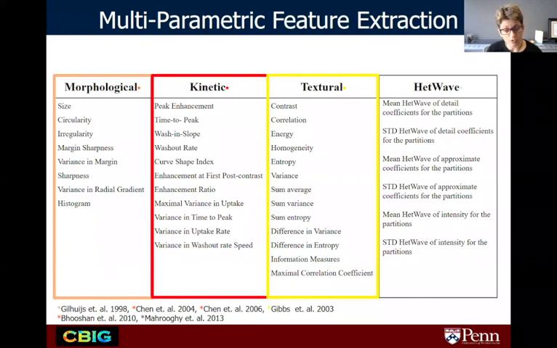Textural characteristics are also very popular. And sometimes I would say they have become kind of synonymous with radiomics, although radiomic features are not just texture features. Parallel type features, including contrast, correlation, energy, homogeneity, and run length features, and so forth. And we can also start thinking about more advanced multi-resolution descriptors. I mentioned a little bit the wavelet decomposition.